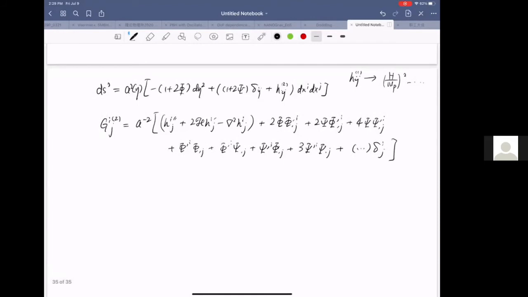And so similarly, you have the energy momentum tensor. Blah, blah. I will not write it out. It depends on the first order of the peculiar velocity perturbation and some perturbation of the anisotropic stress, which is proportional to this.